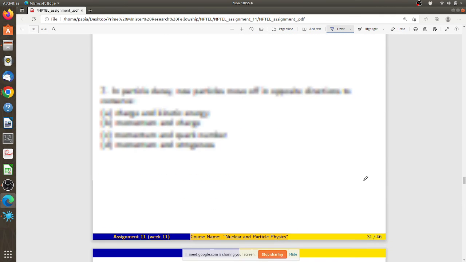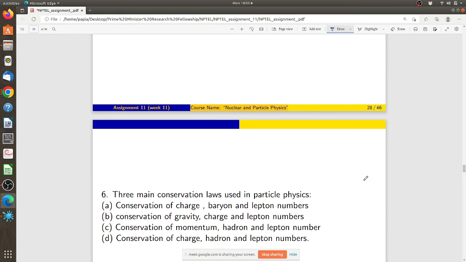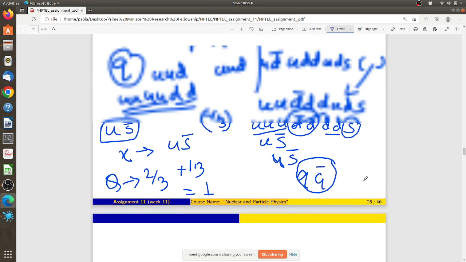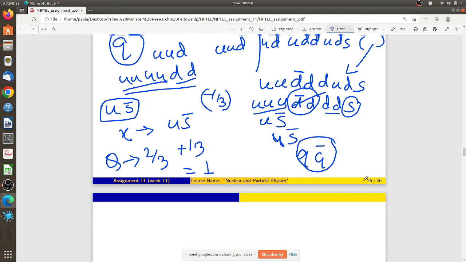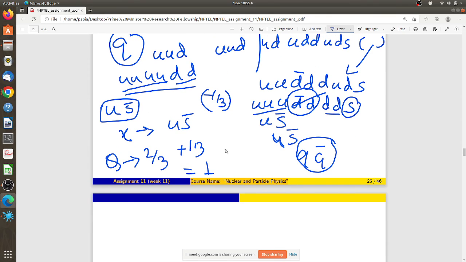Do you understand the point? The missing particle is K plus because we were searching for the quark content and it was showing that the quark content for U S bar is K plus. So that's why the missing particle for the second one is K plus. Fine?